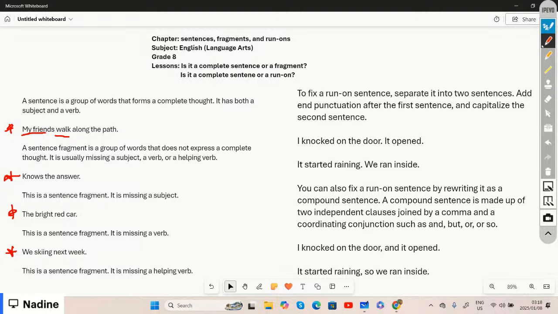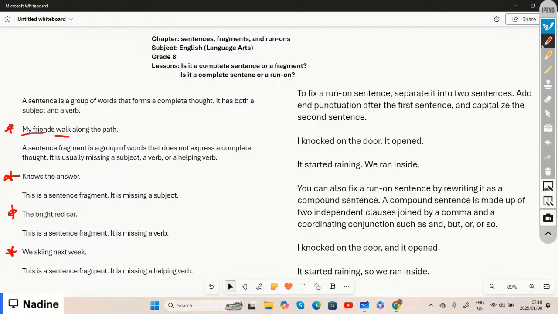And let's say we want to fix the run-on sentence.